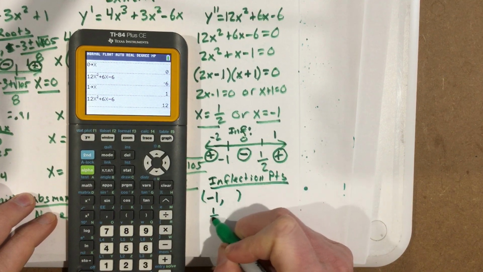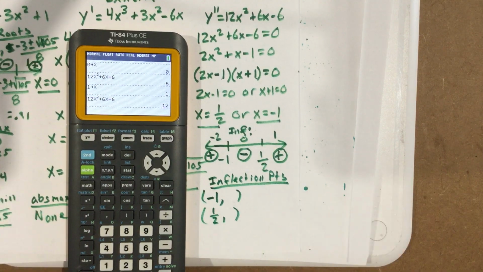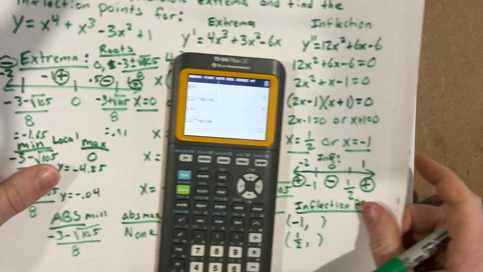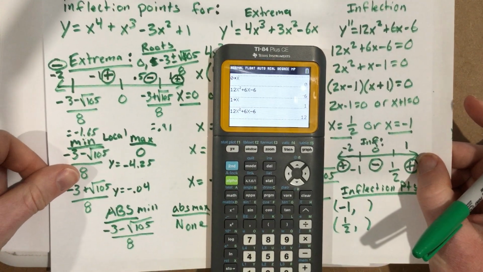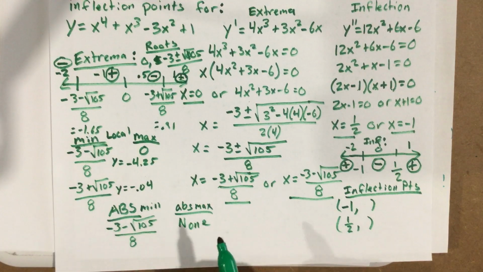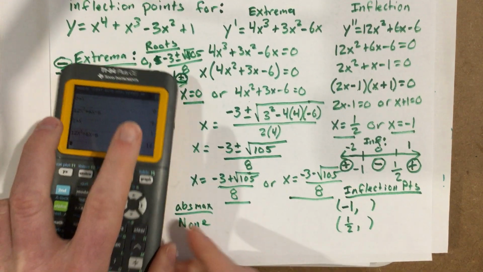The other one is 1/2, comma something. So I'm going to take that original equation, and remember, if I slide this over, you can see this over here. Oh, we can fit it all on there. Very good. So the original equation is y equals x to the 4th plus x cubed minus 3x squared.